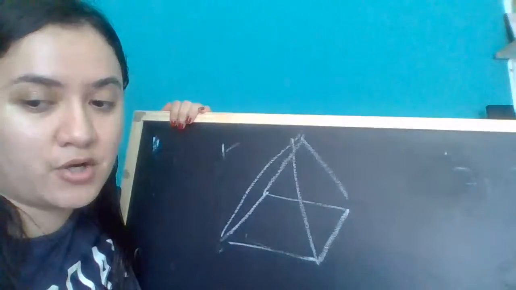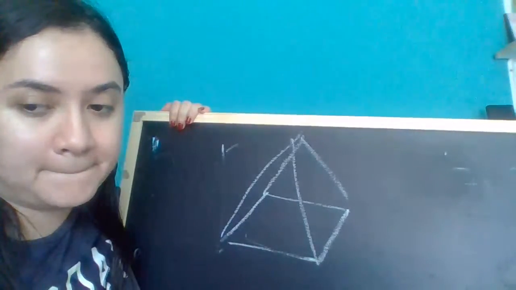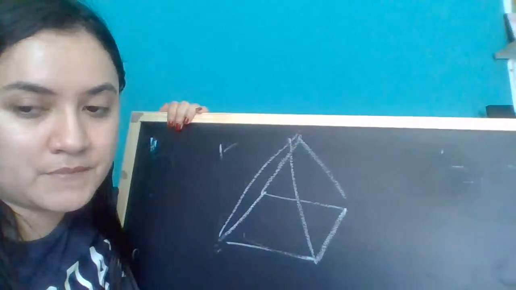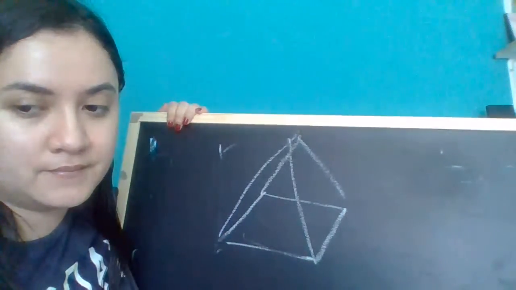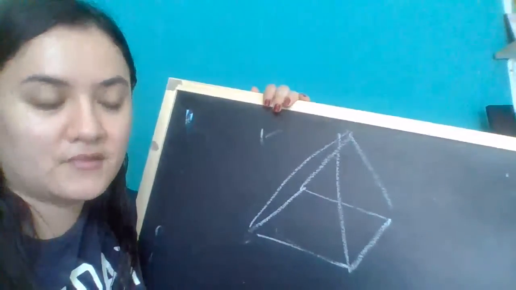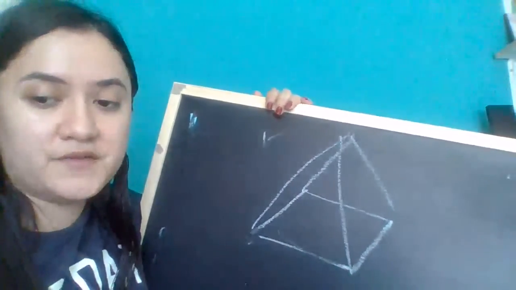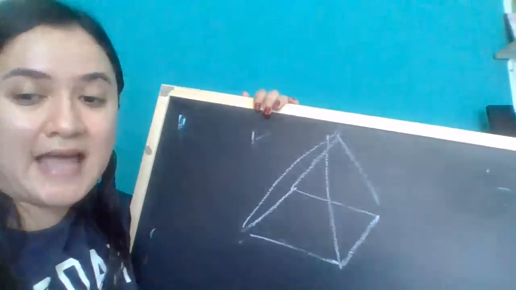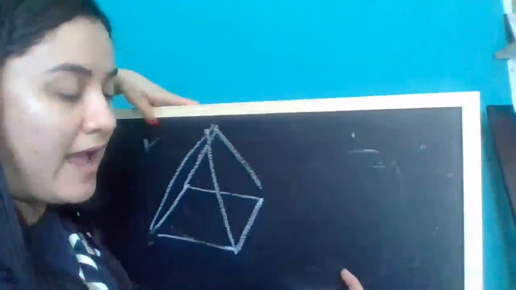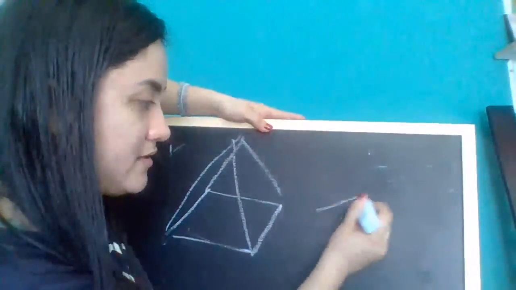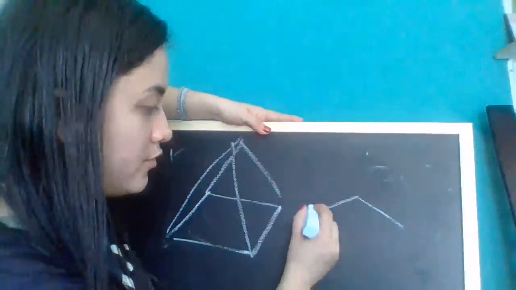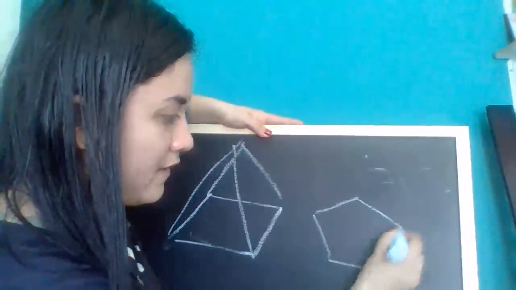Tell me if yes or no. I'm waiting. Very good. Okay, very good. Now, the next one is a pentagonal pyramid. A pentagon, like we talked before, has 5 sides. We're going to draw a pentagon. Look, 1, 2, 3, 4, 5.